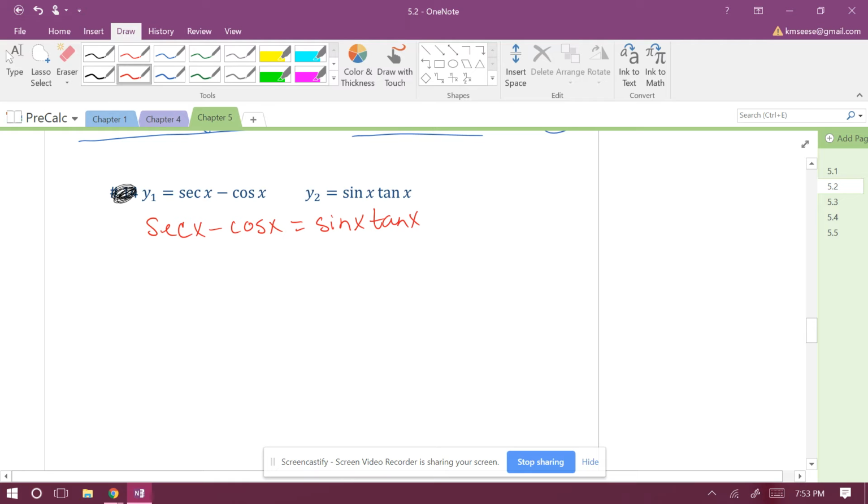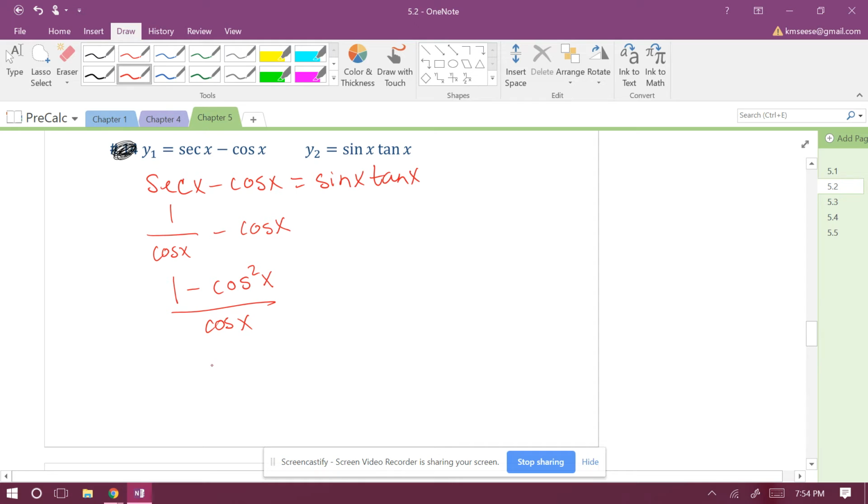So looking here, I'm going to work on the left side. I think it's easier to work with addition and subtraction than it is to expand multiplication. So secant of x, 1 over cosine of x, minus cosine of x. Finding my common denominator of cosine of x, my numerator is going to be 1 minus cosine squared of x. From here to here is just finding your common denominator.